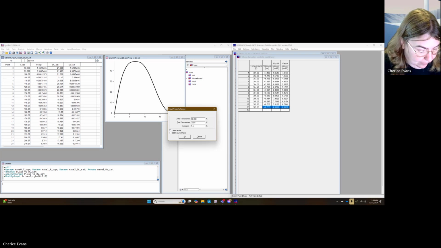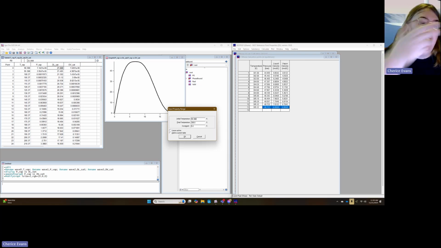But I'll probably at some point hit a solid, liquid, vapor triple point, goes up in pressure. We'll see where it goes.